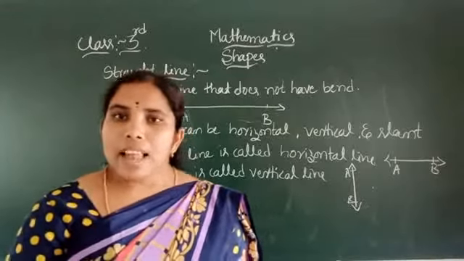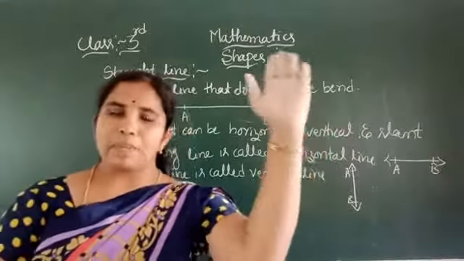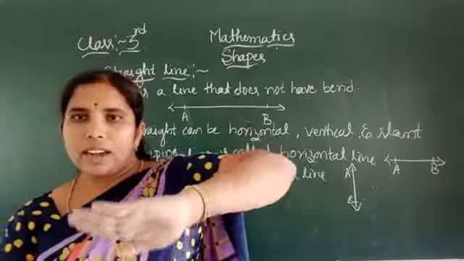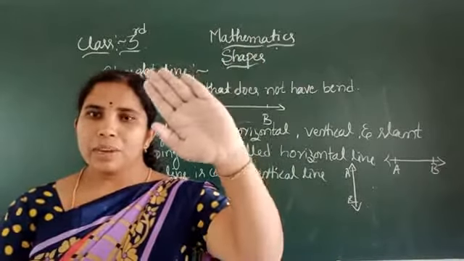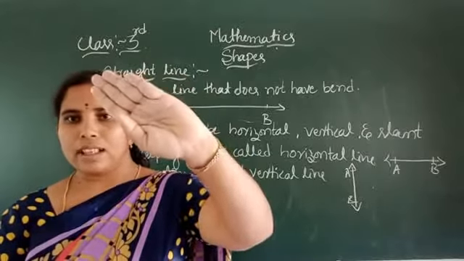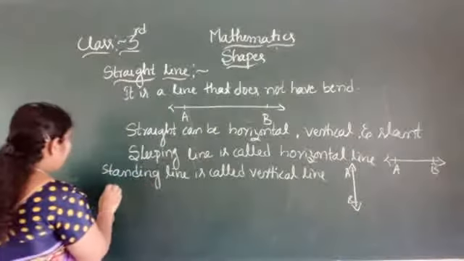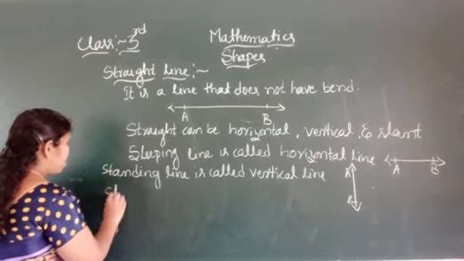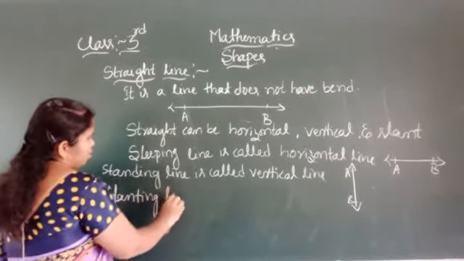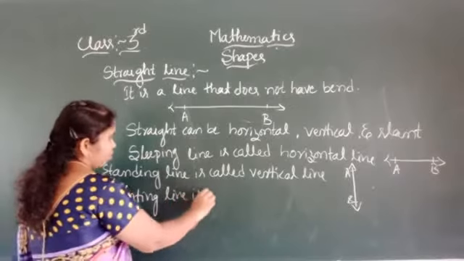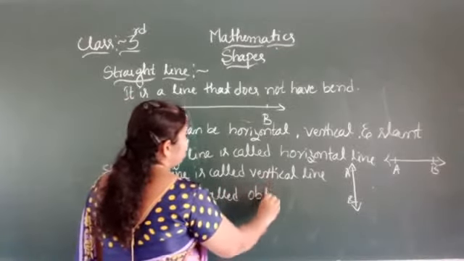Okay. The slanted line. If the line slants, it is like that. See, this is the horizontal. This is the vertical. Slant means like that. This is slant. See, slanting line is called oblique. Find it.